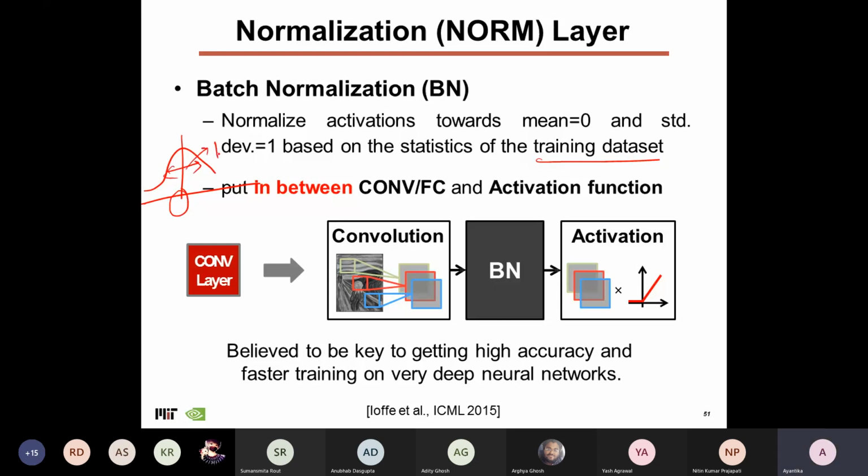Whenever we are doing this normalization, there are some experimental results and some not so formal proof, but some proof that show that it is believed to be a way to get higher accuracy. That's why we apply this normalization in the input layer first.